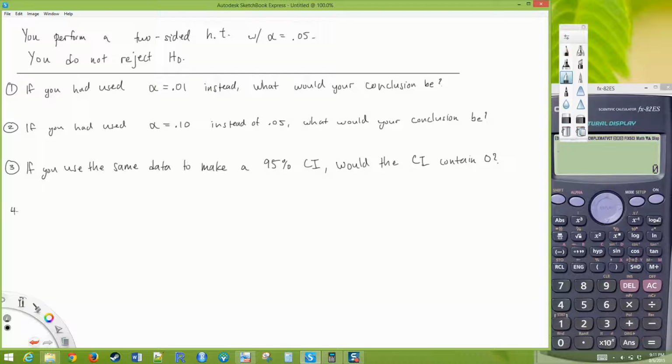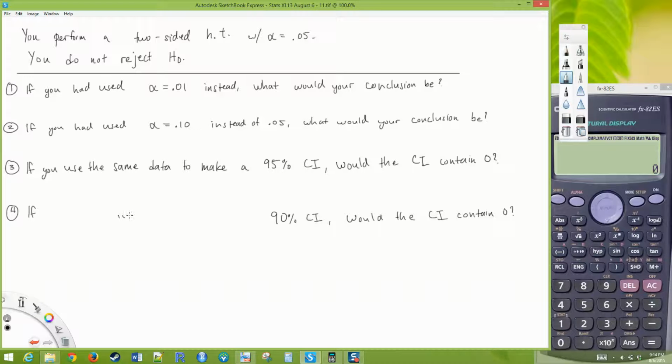We'll do the same question, but this time with a 90% confidence interval. Think about this, and do your best in answering these. I'll pause the video here.